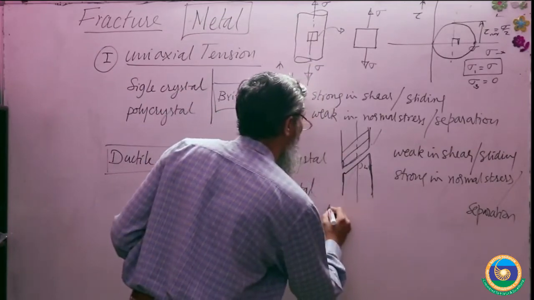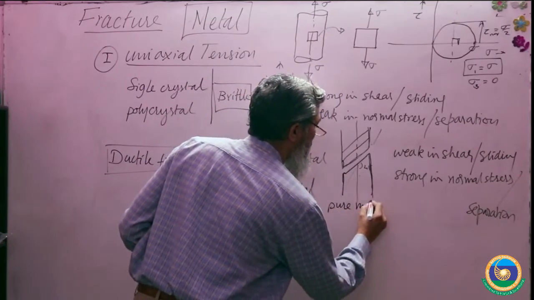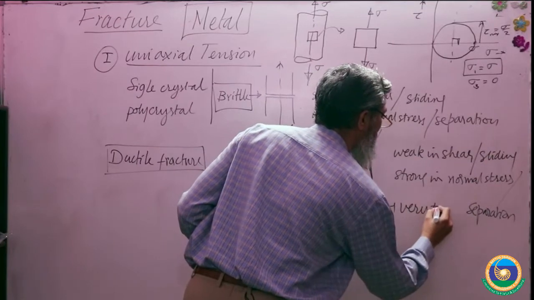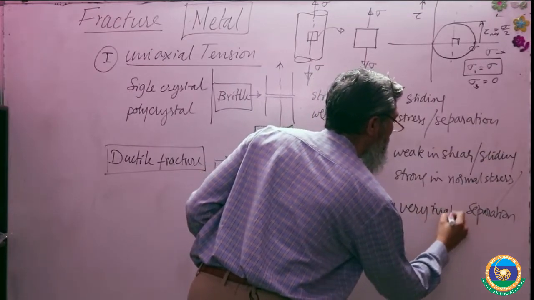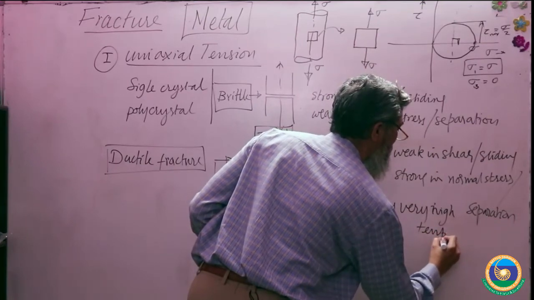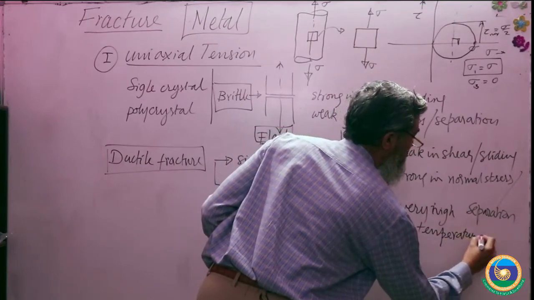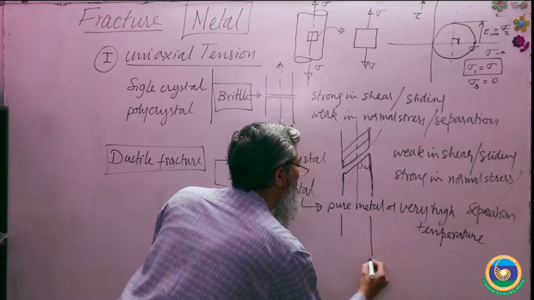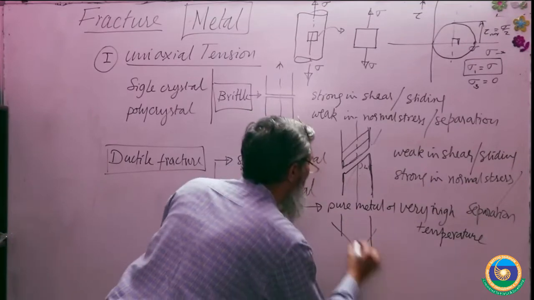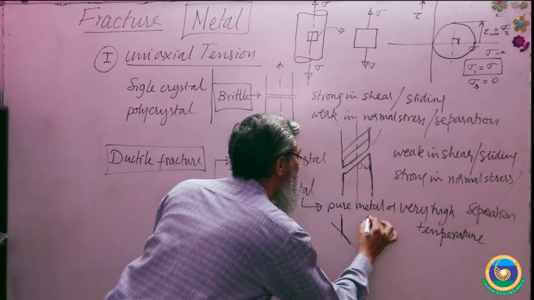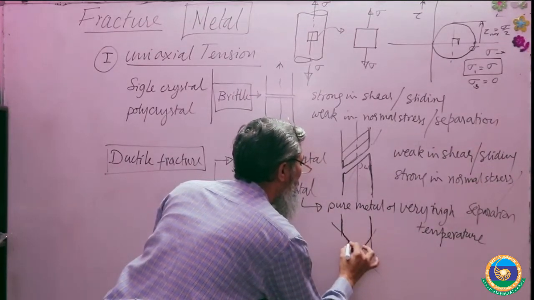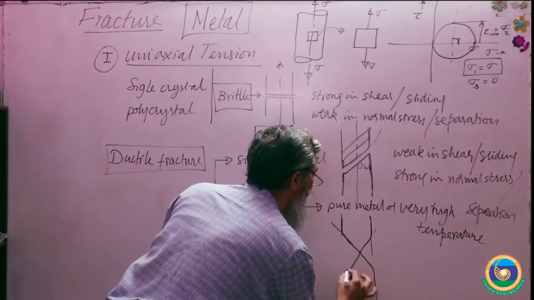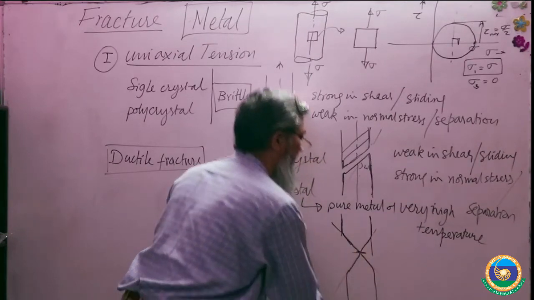If you have a very pure material, pure metal, or very high temperatures, when temperatures are very high, you will find that slip, this is 45, this is 45, it will go like this and go on elongating, necking will take place to the extent that it will become a point, and then it will fracture.